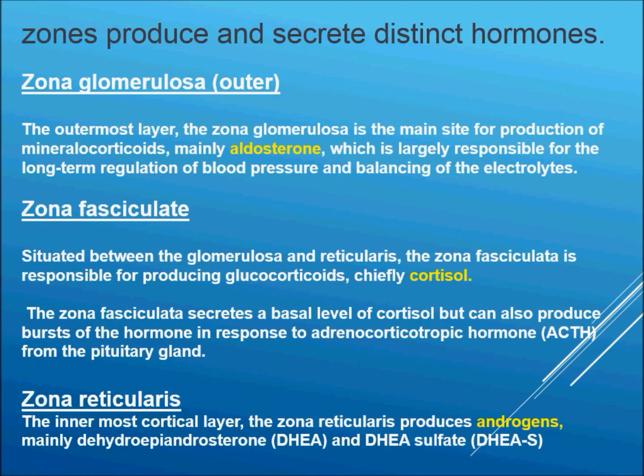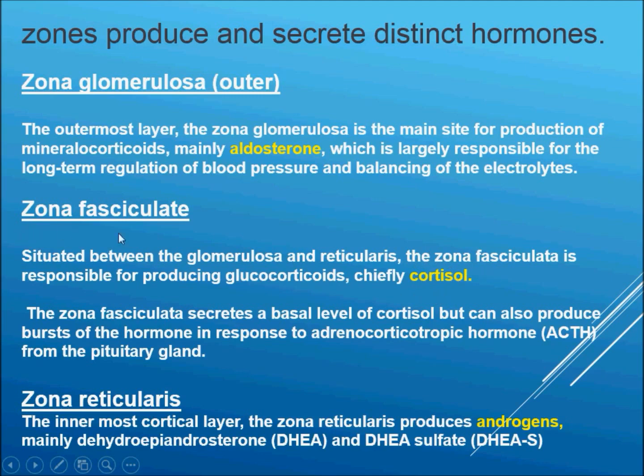So your Zona Fasciculata is a layer situated between Zona Glomerulosa, which is the outer layer, and Zona Reticularis. It is responsible for producing glucocorticoids, and more specifically cortisol. Okay.